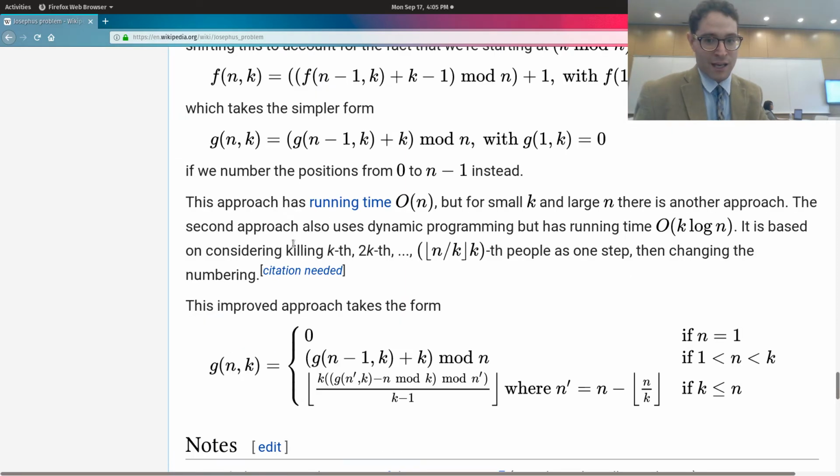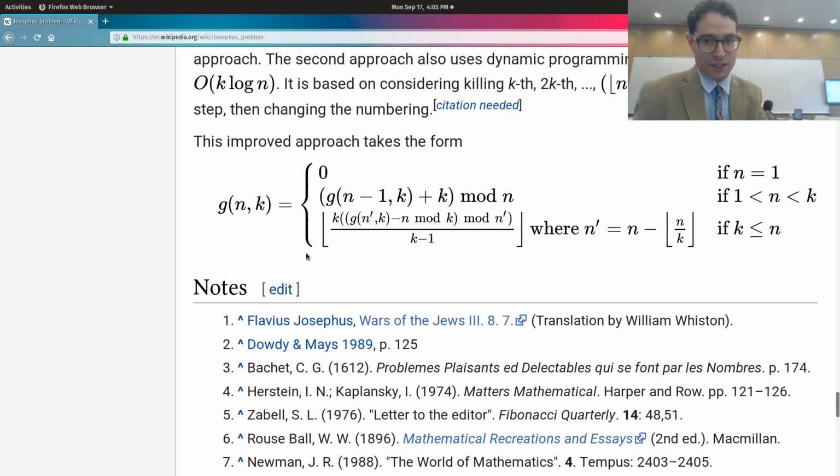It involves a recurrence relationship and hideous mathematics, so it's messy. Notice that it's saying g of n,k is g of n minus 1,k plus k mod n. So it's a recursive problem.